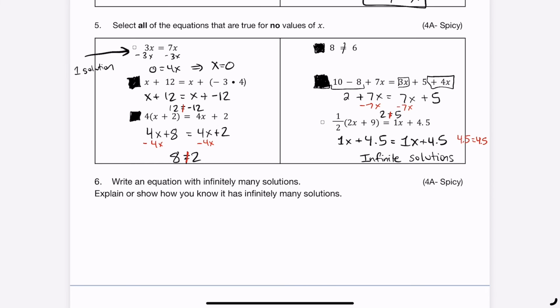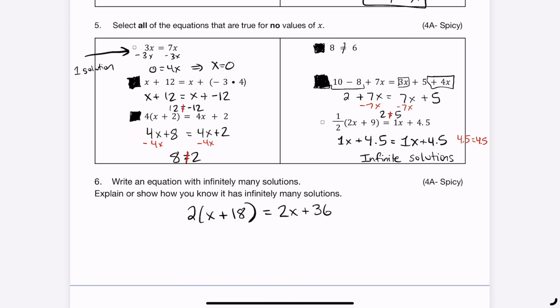My favorite numbers are 2 and 18. So I could write the expression like 2 times the quantity x plus 18 equals, and then what is that going to equal? It's going to equal 2x plus 36, because I'm doing 2 times x and 2 times 18, which is 36. Okay, that is going to be my answer, and that is always true.